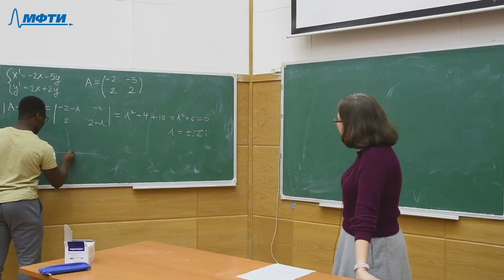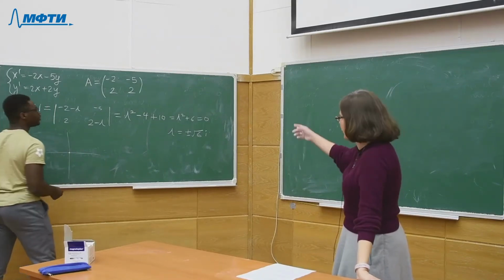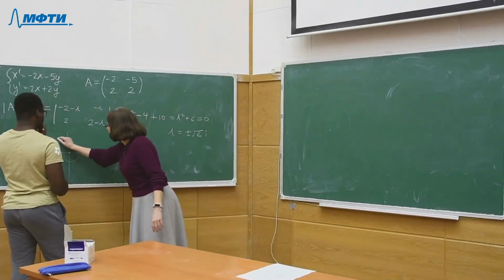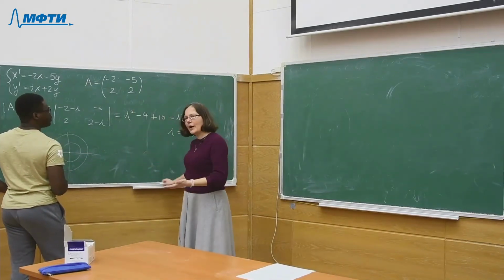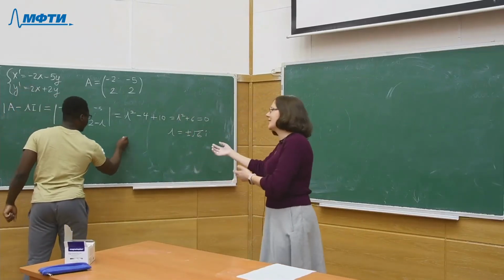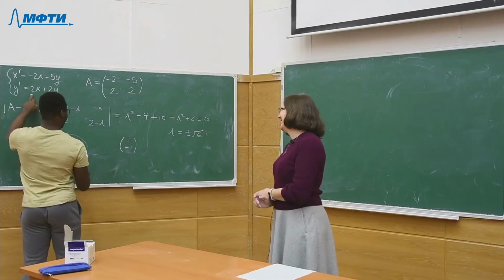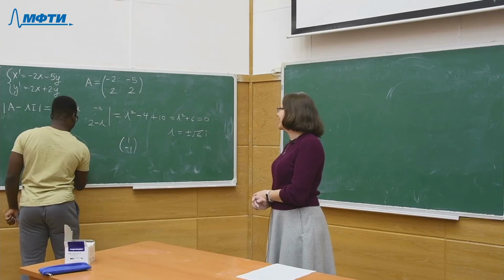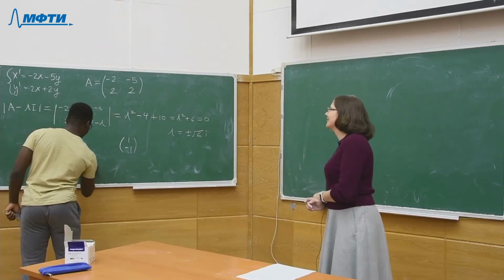But you must determine the direction of motion along this orbit. So this will be orbits. The direction, clockwise or counterclockwise. So you should take some point, maybe (1, 0), for example, or (1, -1). Y prime is equal to 0.